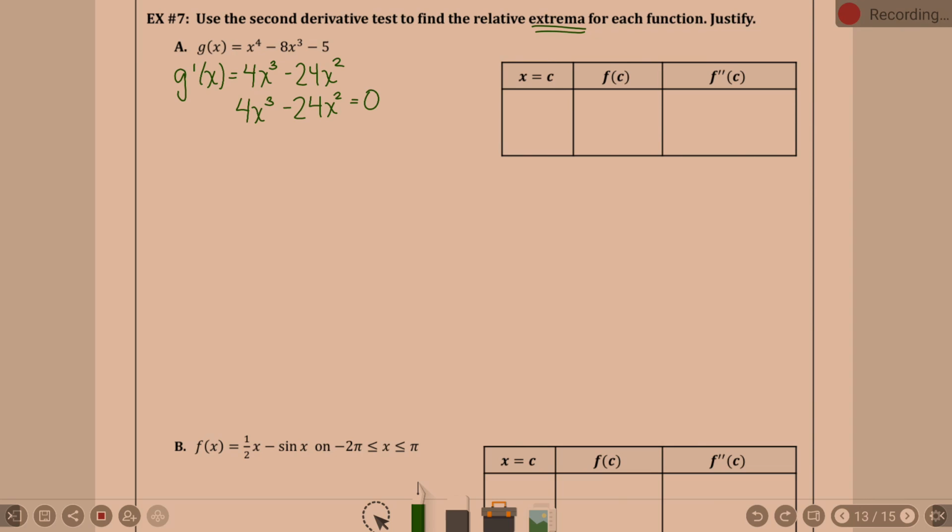What's happening? Factor out 4x squared, you're left with x minus 6. If we set each piece equal to 0, what do we know? x equals 0 and x equals 6.